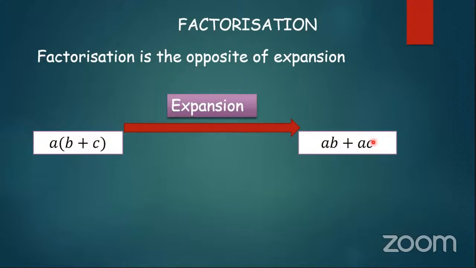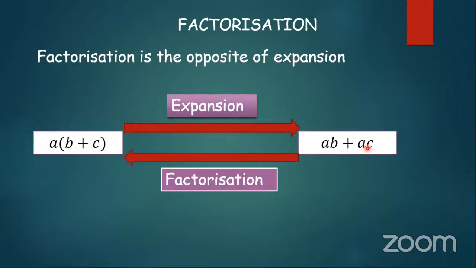There we are expanding. However, if we need to move from AB plus AC back to A into B plus C, there we shall be factorizing, because we are trying to make it smaller. So factorization is the opposite of expansion.